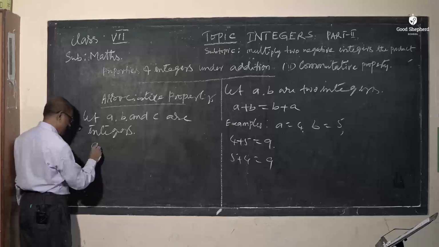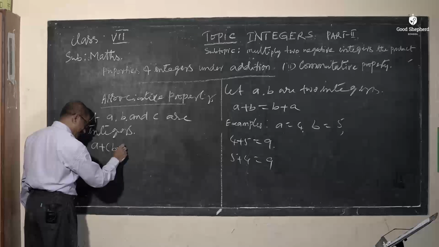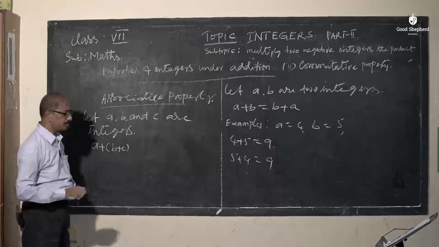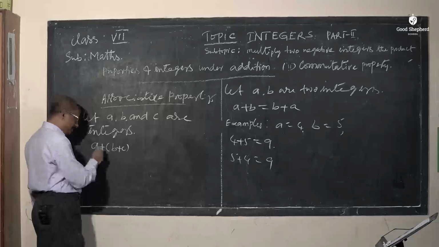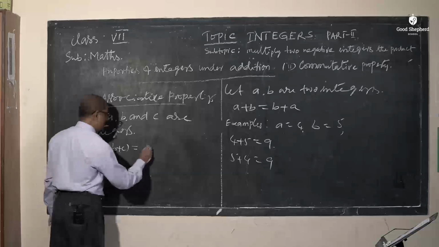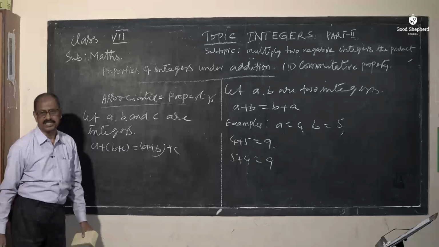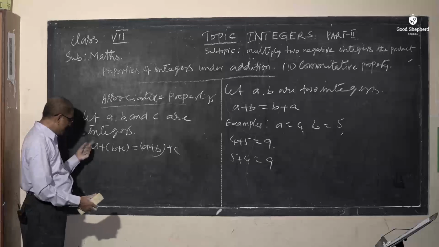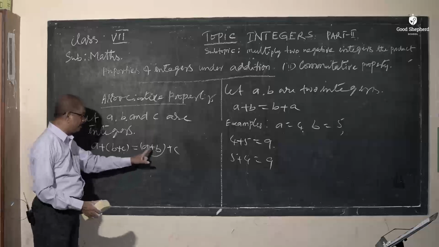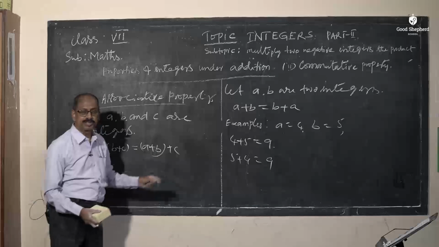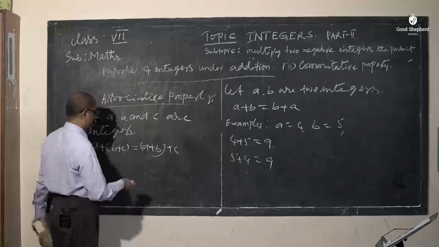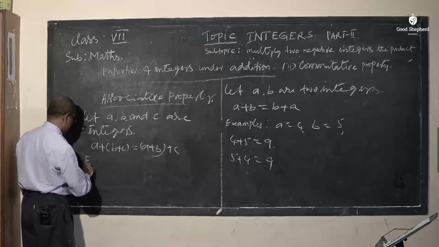Now we say a plus of b plus c, three integers in the associative property. I can write this by grouping as a plus b, plus c, which is also an integer. So, a plus (b plus c) is equal to (a plus b) plus c. Let us go for an example.